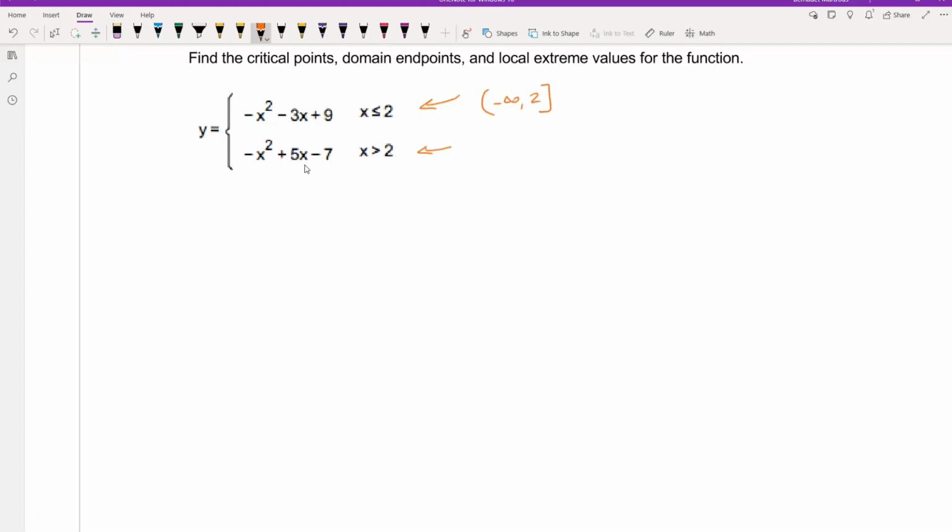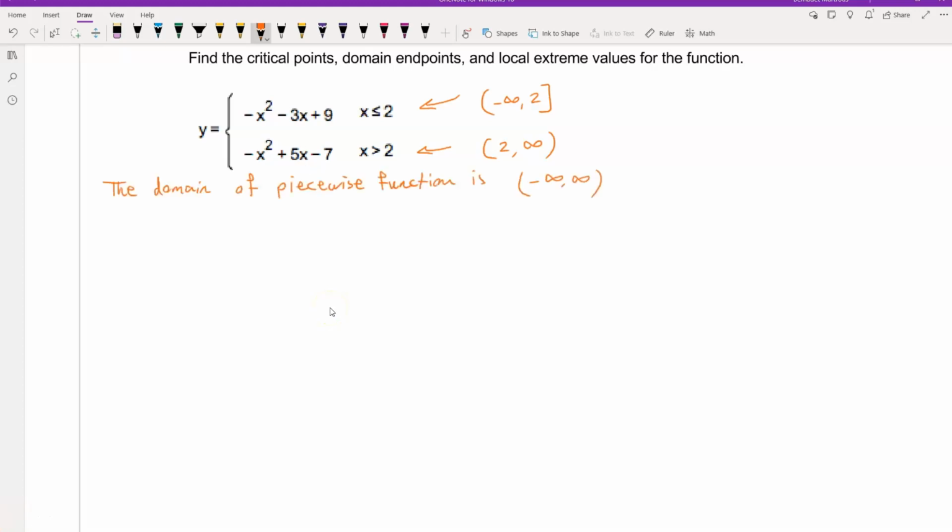And on this part, our domain is 2, comma infinity. Note that here we have a bracket because we have equal to. So the domain of the piecewise function is negative infinity to positive infinity.